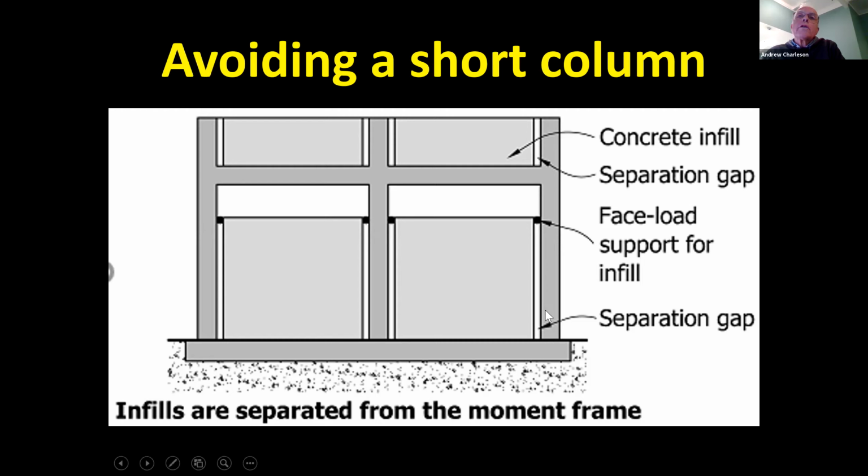You'll notice that if we put these vertical gaps, then the infill walls can very easily fall. They become very unstable. And so you'll notice that we provide some steel fixings in the corners of the wall, sort of like this.